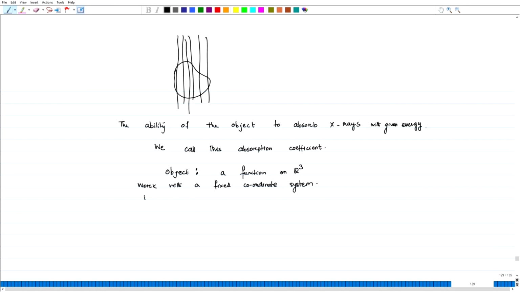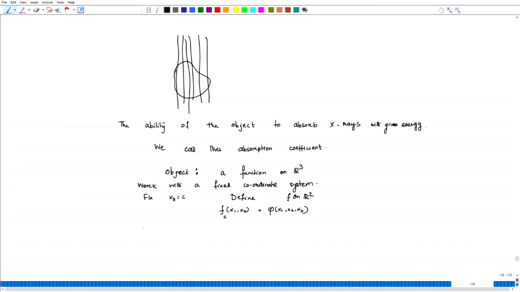Now fix any one, let us say x3, the third coordinate, and define f on R2 by f_c of x1, x2 equals phi of x1, x2, c. Now, for each of this c we have the information of f_c. Now, we need to reconstruct the entire phi, that is loosely speaking the kind of problem we are dealing with.